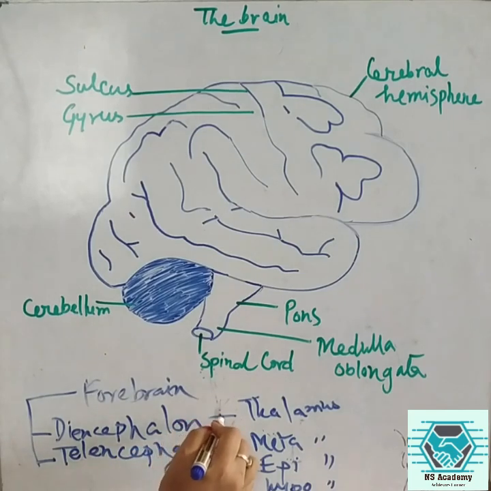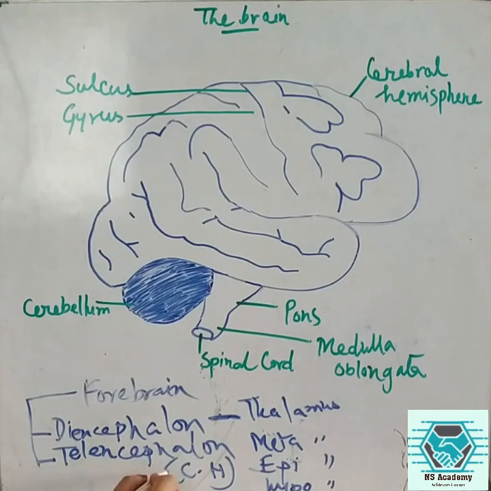So diencephalon has 4 subdivisions, whereas the telencephalon is also known as cerebral hemisphere.